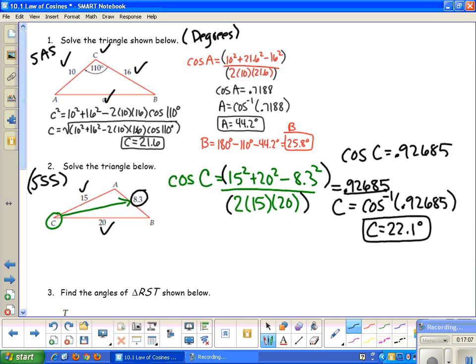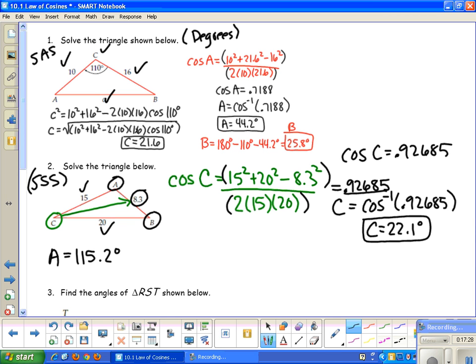So now you guys need to find angle A and angle B, and I'm going to write the answers down here, but you need to work them out to make sure that you can find it. So angle A would be equal to 115.2 degrees, so make sure you can find that.